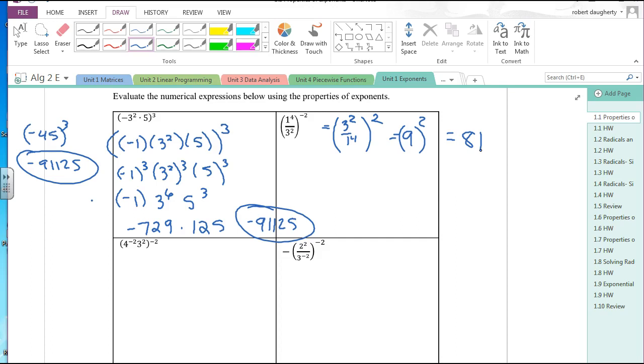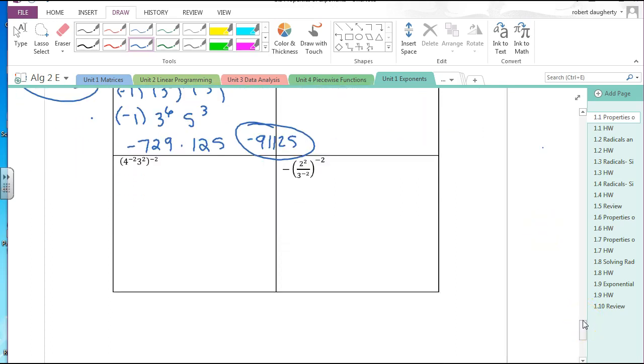Okay, the next one. What's being raised to the negative 2 power? Everything in the parentheses. So this is 4 to the negative 2 times negative 2. Remember, I multiply exponents. And this is 3 to the 2 times negative 2. I just multiply exponents. I'm trying to trick you up with the negatives, but all you do is multiply exponents.